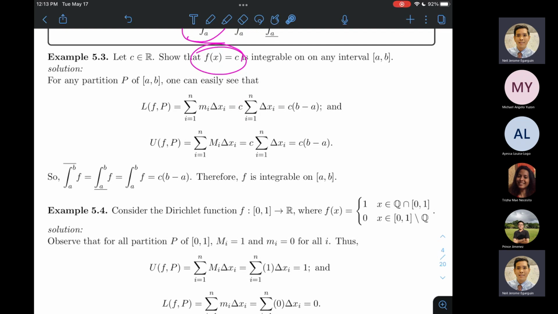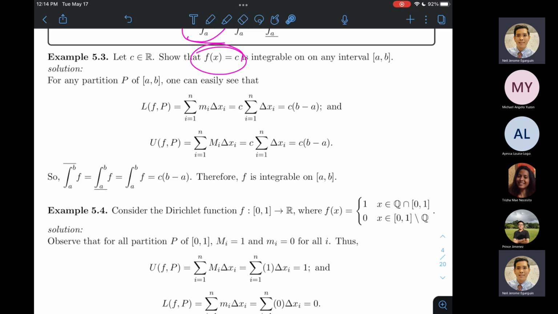But since we have a partition inducer, yung union ng lahat ng subintervals ay equal dun sa original interval given. All right? So the sum of the lengths of the subintervals will be equal to the total length of the closed interval AB that was partitioned earlier, and that is equal to b minus a. So essentially, any lower Riemann sum will be equal to c times b minus a. And in the same token, any upper Riemann sum will be equal to c times b minus a.